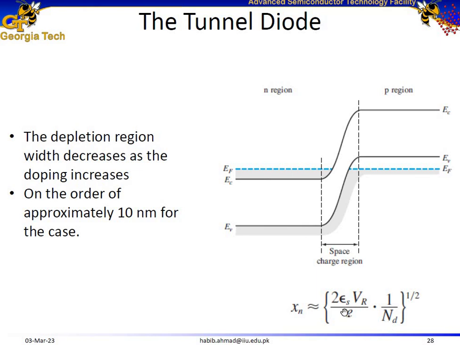If you increase the doping, the depletion width would decrease. So since this is a heavily doped material, both the P region and N region are heavily doped, the depletion region would be really narrow. The space charge region width would be narrow. It's like less than 10 nanometers.